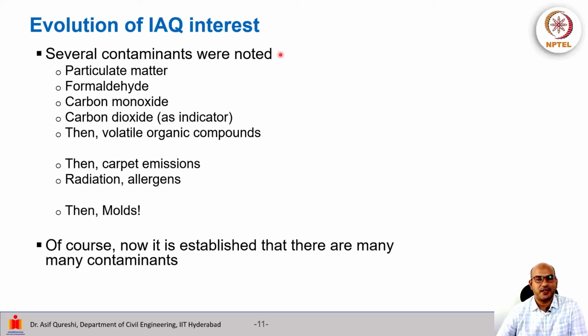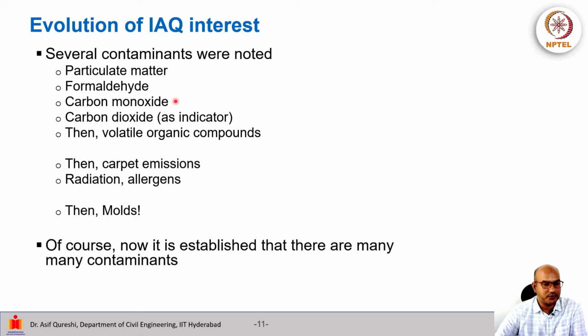Once indoor air quality became a concern, people started to study and note different air contaminants. It started with particulate matter, dust, aerosols. Very easy to fathom that there is a problem with dust. So particulate matter. Then formaldehyde came into the purview because it is widely used and emitted.